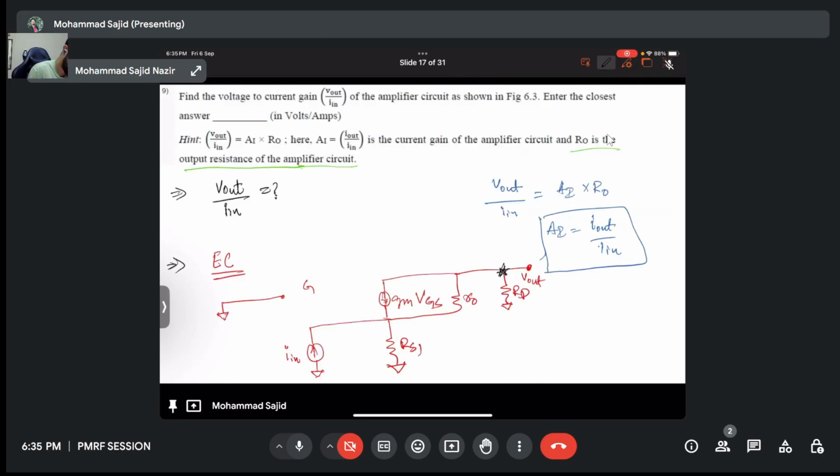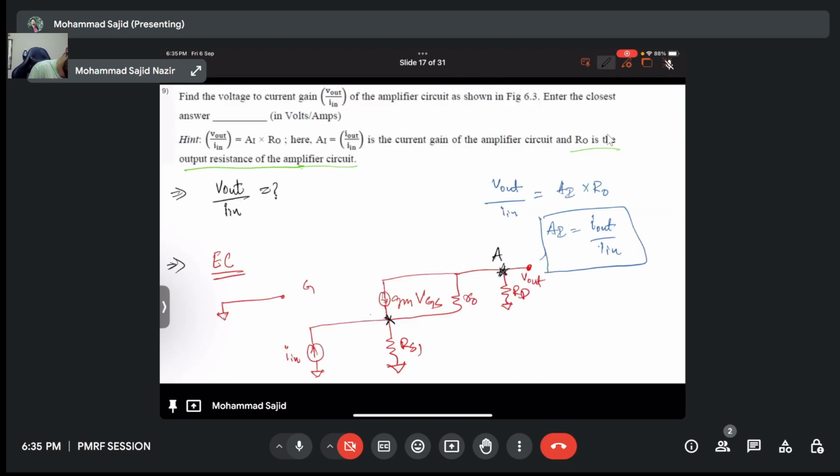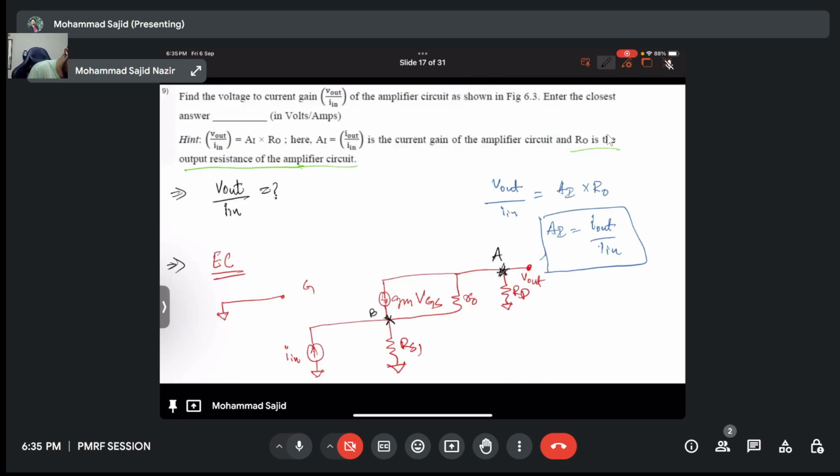Also, if we check this node, let me call this A, let me call this B. At B, we have I in. These are the currents coming in, equivalent to Vs1 by Rs1. We are assuming a current in this direction, and this is leaving like this.